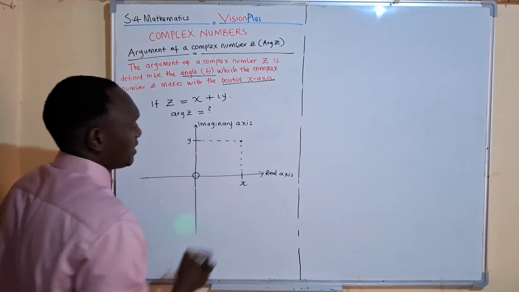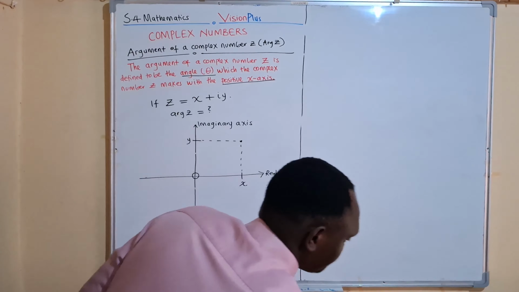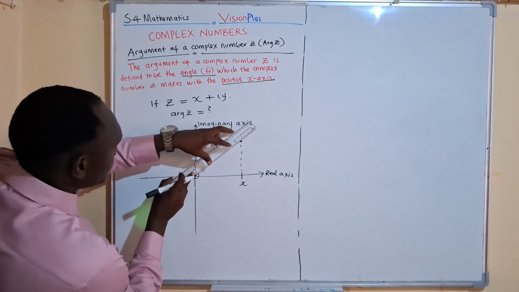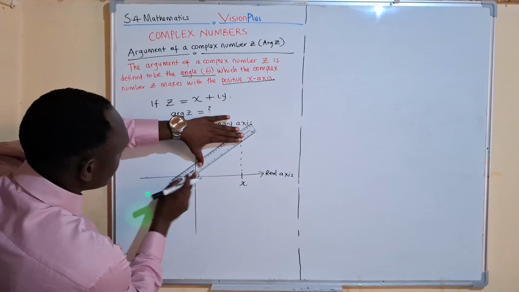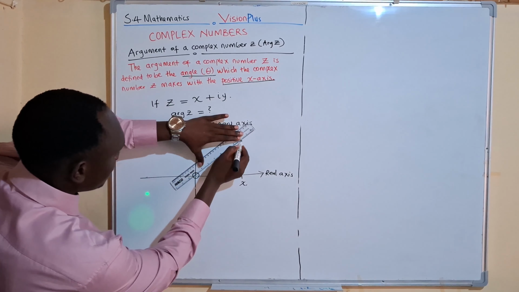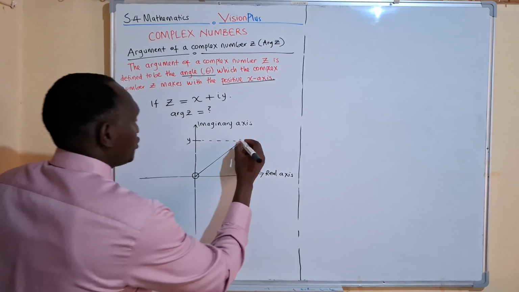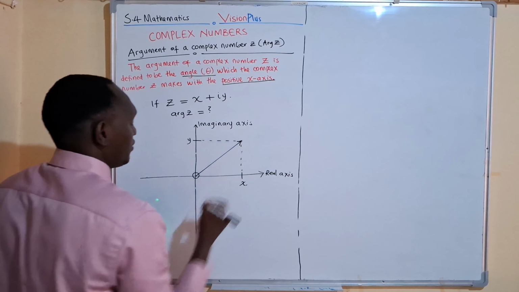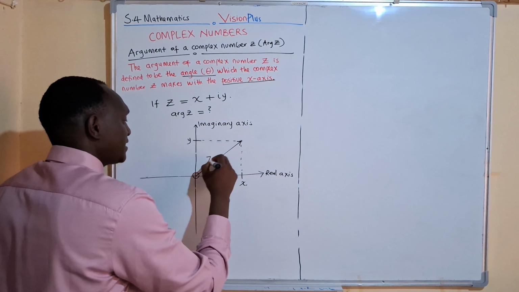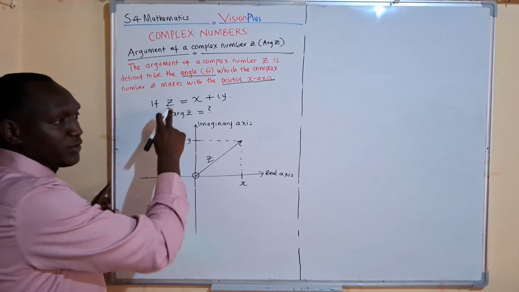They meet somewhere there. Then you get your ruler and draw a straight line from the origin up to that point of intersection, and put an arrow on top. This is our complex number z that we have drawn here.